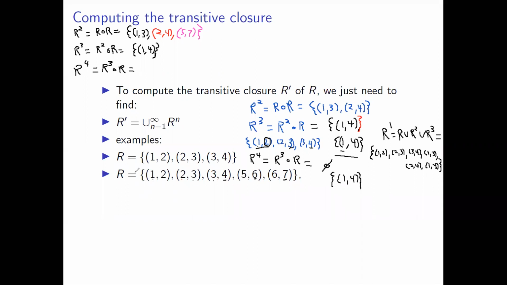And we can take each of these ordered pairs and we can look at their second terms, the 2, 3, 4, 6, and 7. And we need that to be the first term of something in R cubed if we want to get any elements. The first term in R cubed is 1. 1's not equal to any of these numbers, 2, 3, 4, 6, or 7. So when we calculate R to the 4th, we just get the empty set.